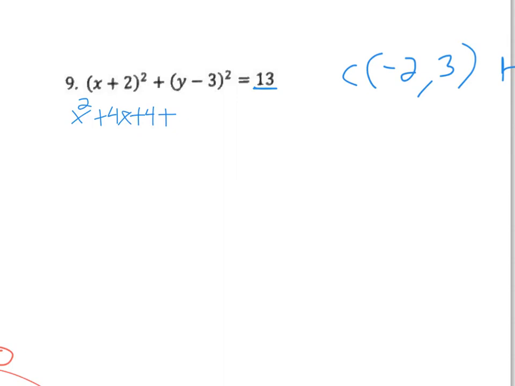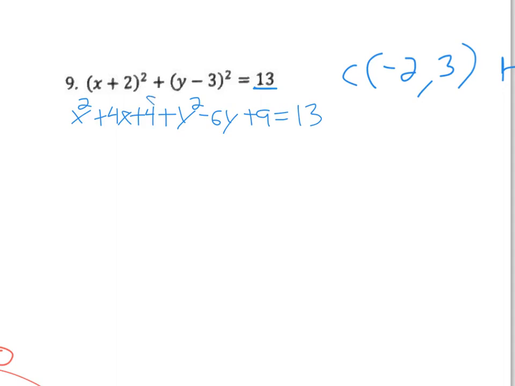If I FOIL out the y minus 3 squared, that's going to give us y squared minus 6y plus 9 equals 13.